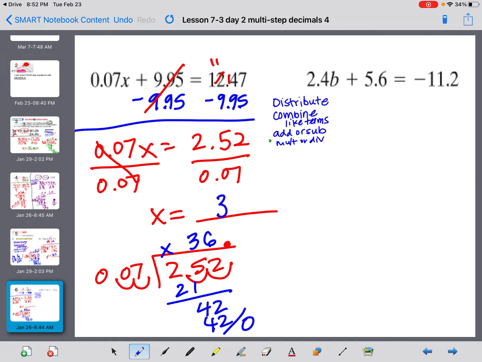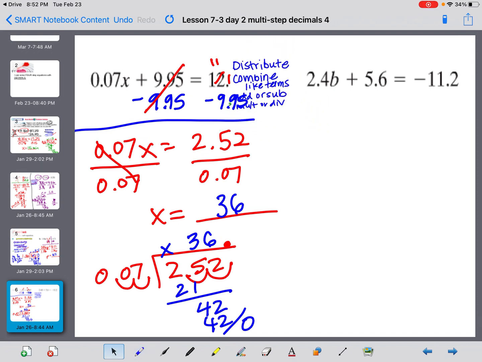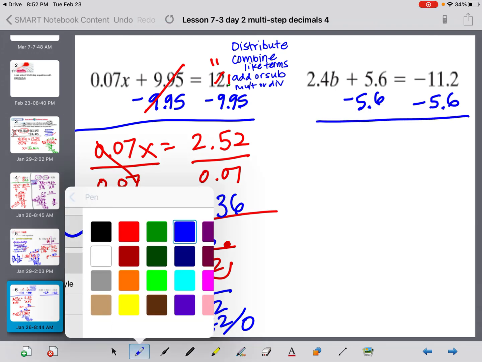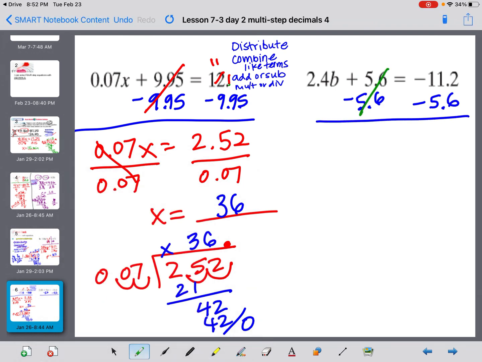Oh yeah. Last one. Ooh, tricky. I see some negatives. So I'm going backwards 2 times, which means I should have a bigger negative.